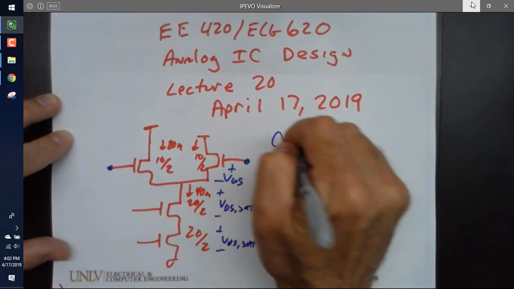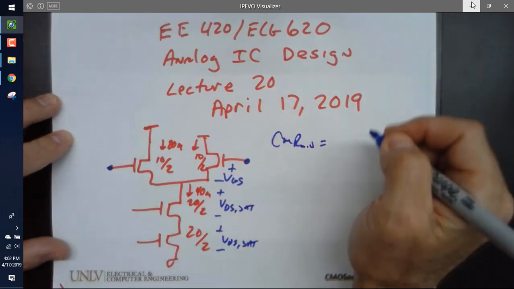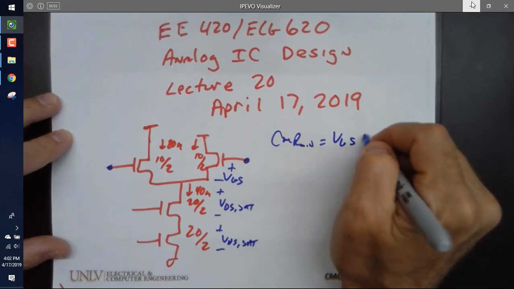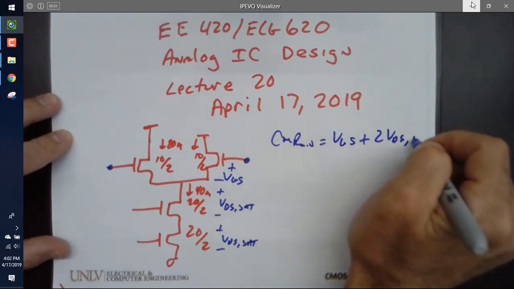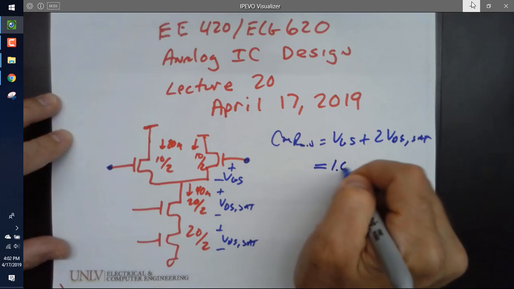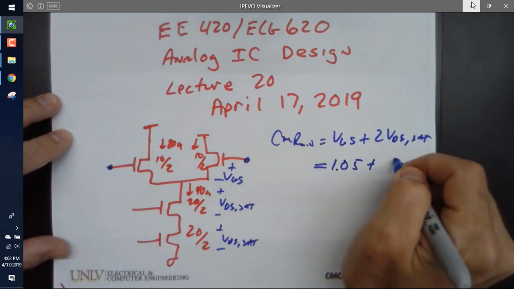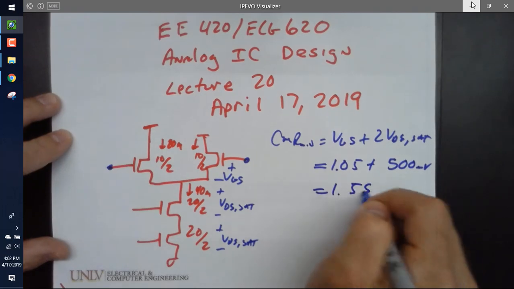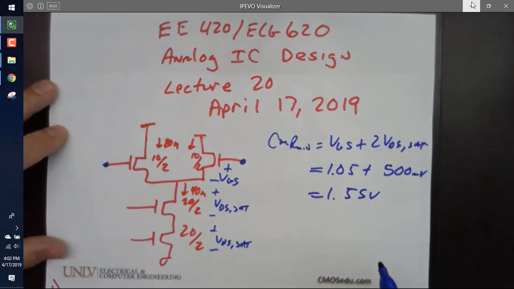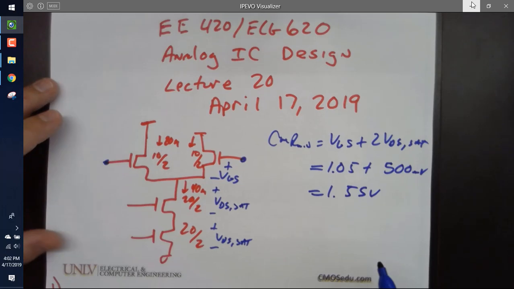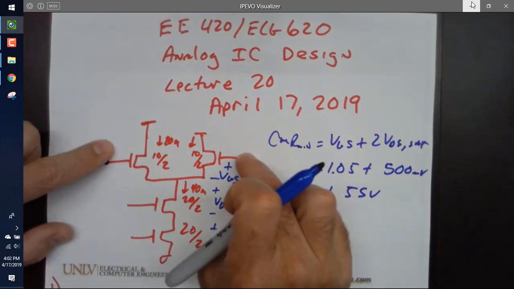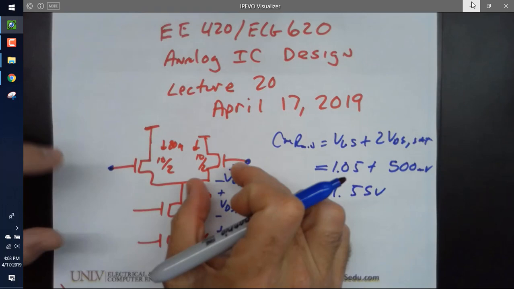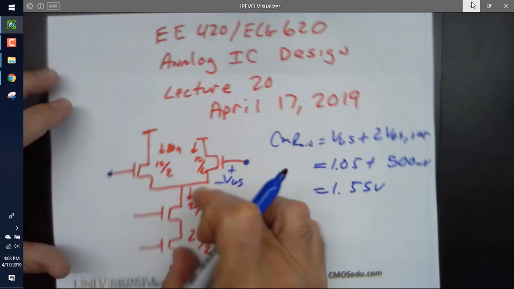So what is CMR min? Okay, first part of the common mode input range is done. This has to stay above this voltage in order to give you enough pressure for these to turn on and this to turn on.